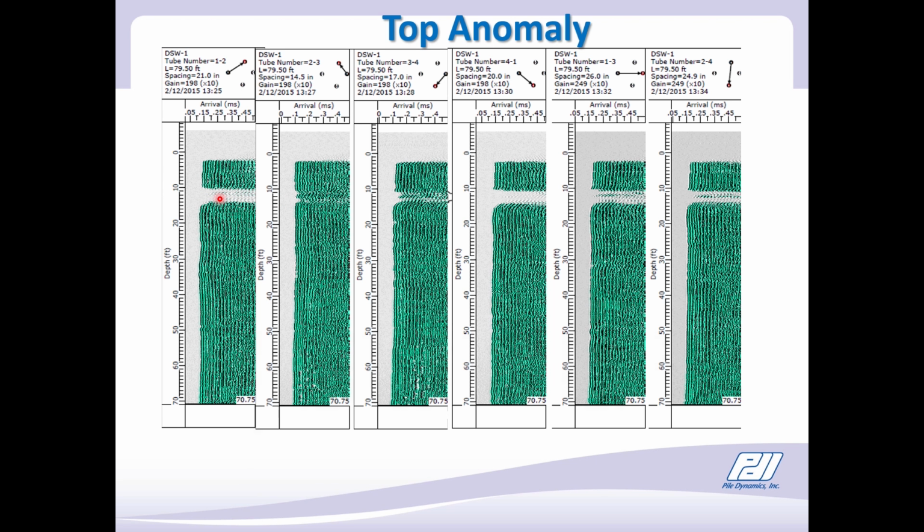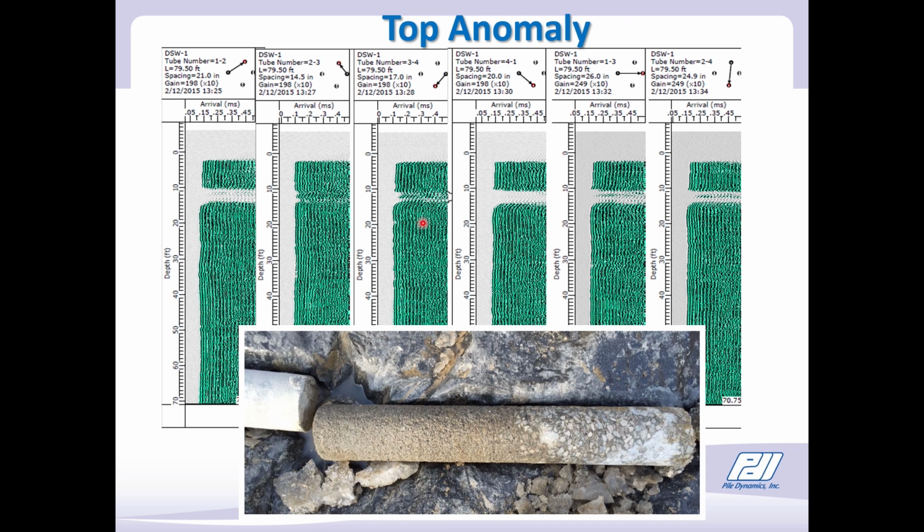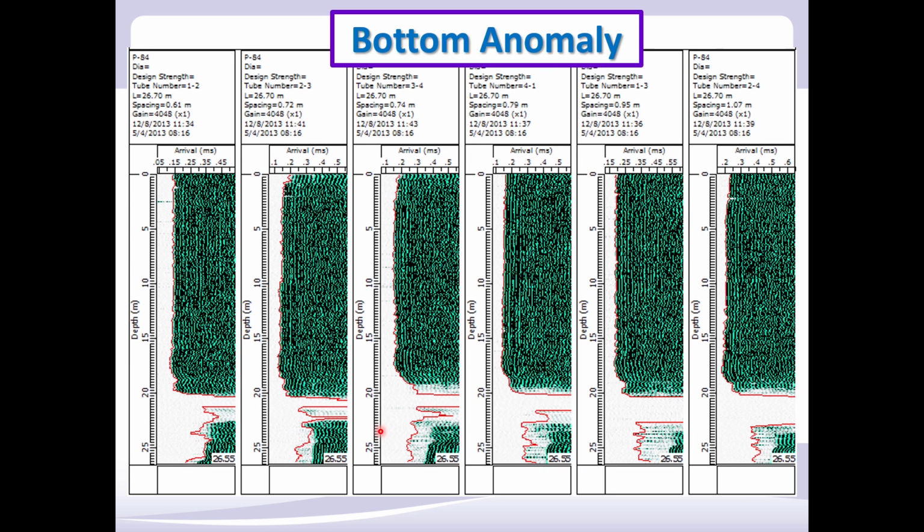Here's another case where we clearly see a defect at a certain location, about 11, 12 feet below the pile top. There's the core, a very sandy looking concrete at that location. Again, concrete quality problem. Of course, the same thing can happen at the bottom of the shaft.